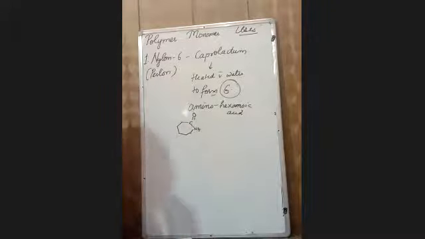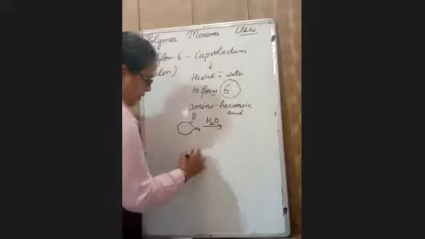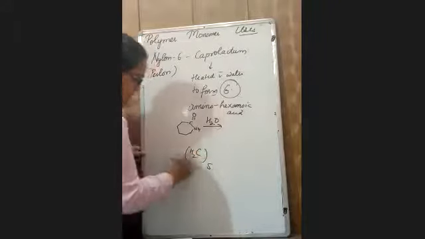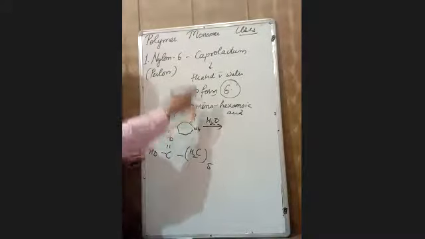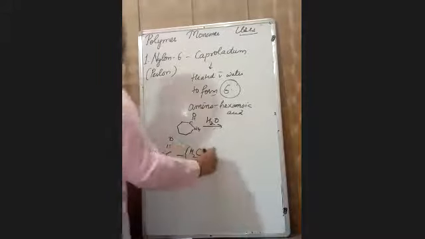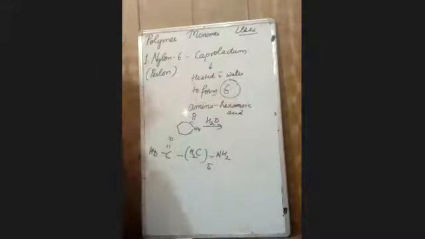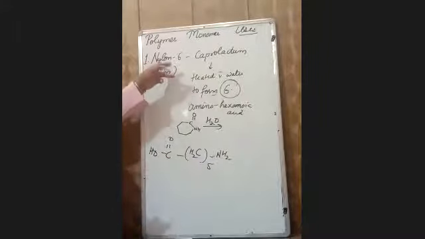First, caprolactam is heated with water to form 6-amino hexanoic acid, CH2 5, COOH, also known as 6-amino caproic acid. Now see the carbon atoms. It is 6. Fine. That's why nylon 6 is written.